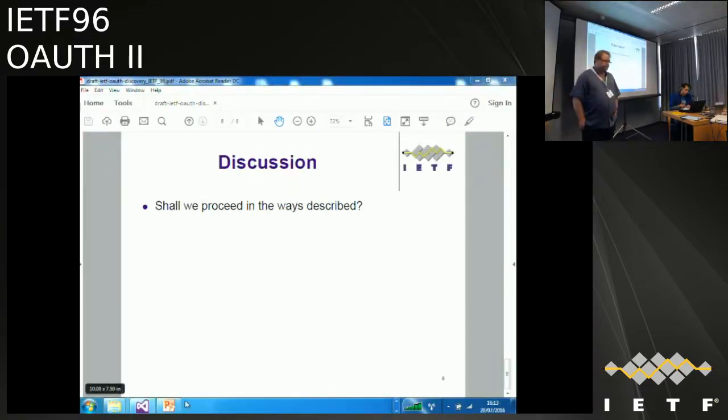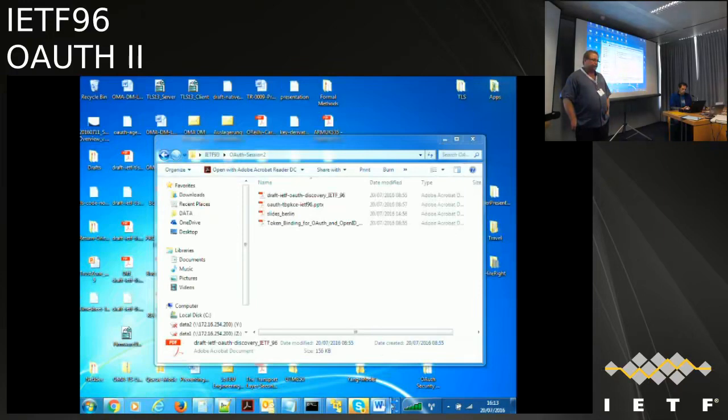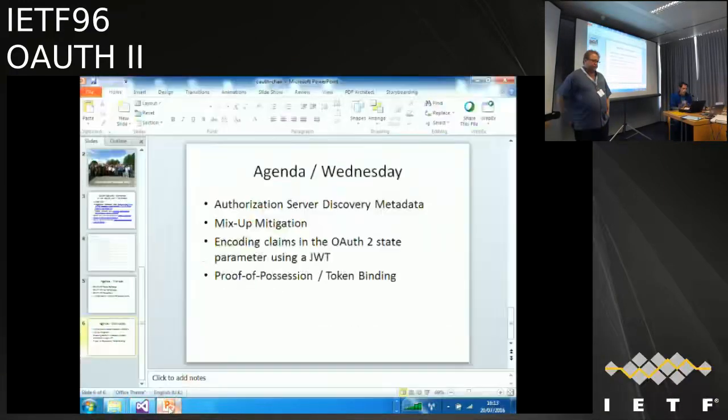And the problem is, if the user was convinced to use a bad website pretending to be the real one, through a phishing attack or something like that, then they start off discovery for, let's say, what they think is Google email, and then their client goes and connects to the real Google authorization server.